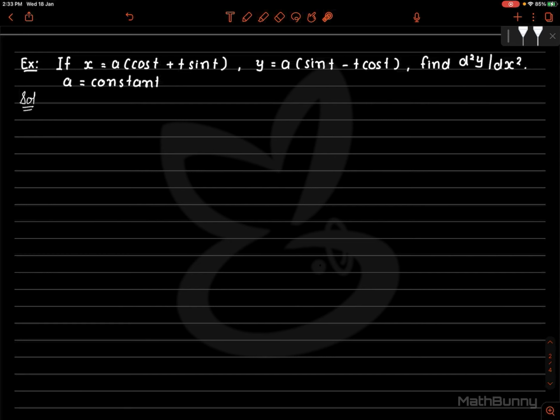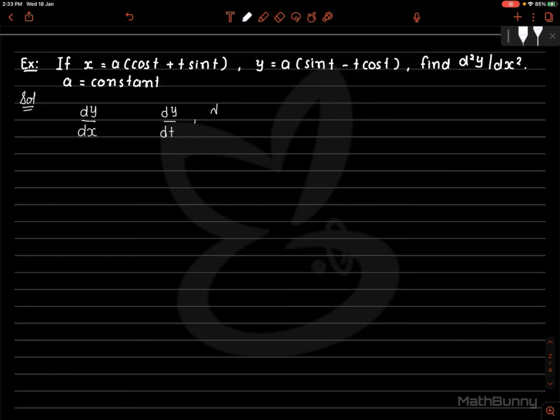This is an excellent example, and there is a chance that students might make a teeny tiny mistake. What is that mistake? Say we are asked to find dy upon dx. Then how will we find this? We will first find dy upon dt.